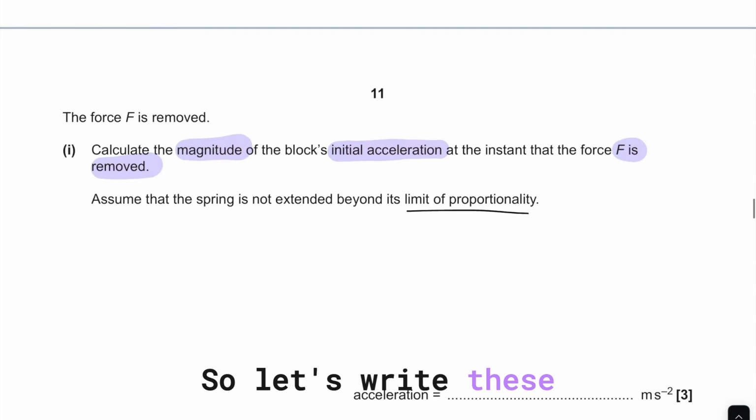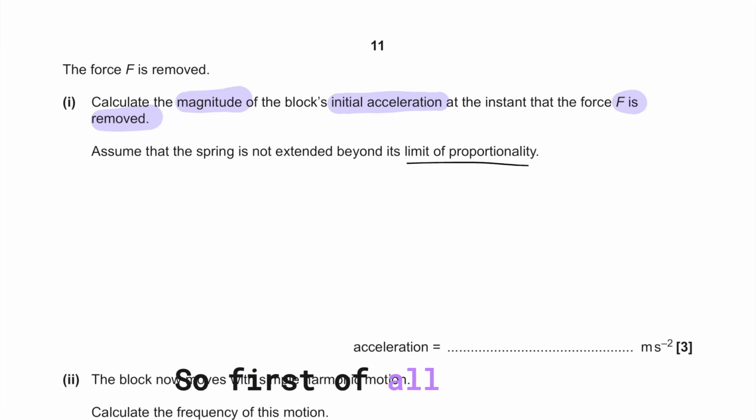So let's write these couple of things down. So first of all, we know that the downward force is 0. And we know that the other force is kx. And that is equal to the resultant force, which is ma.